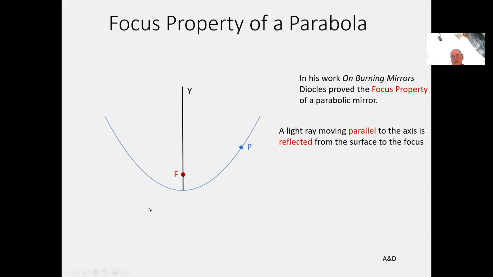Okay, so let us move on to the next idea in the history of calculus from the Greeks, and we're still with Diocles. Diocles proved a very interesting property of the parabola.